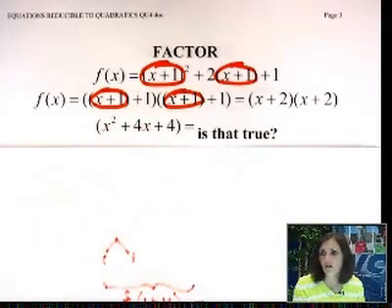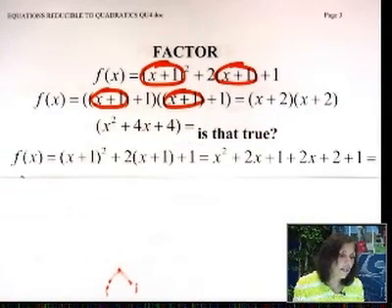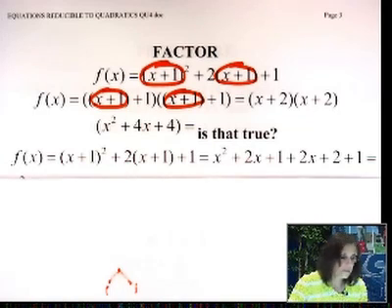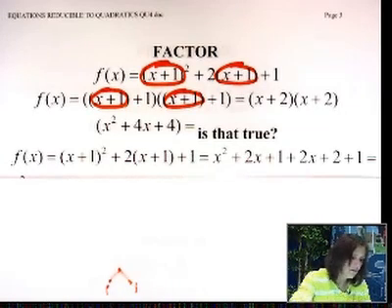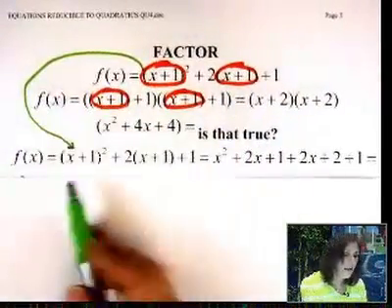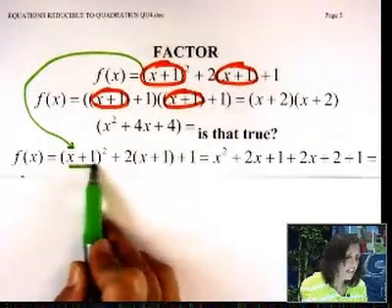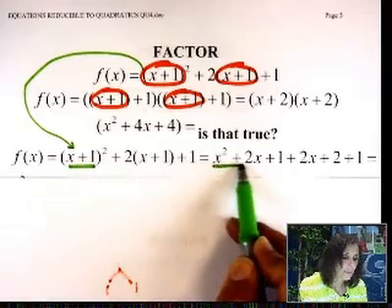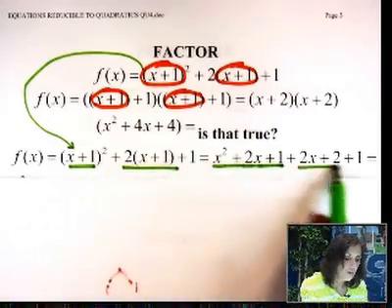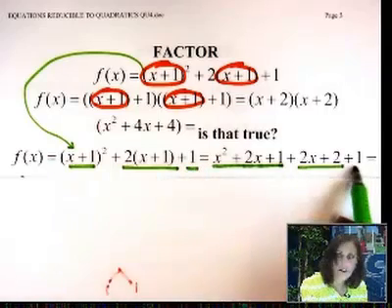Is that really true? You can go and play with it. Go to your original equation. Here's my original equation. And square it out. x plus 1 squared is x squared plus 2x plus 1. And fold this out into 2x plus 2. And then you have a 1 and a 1.